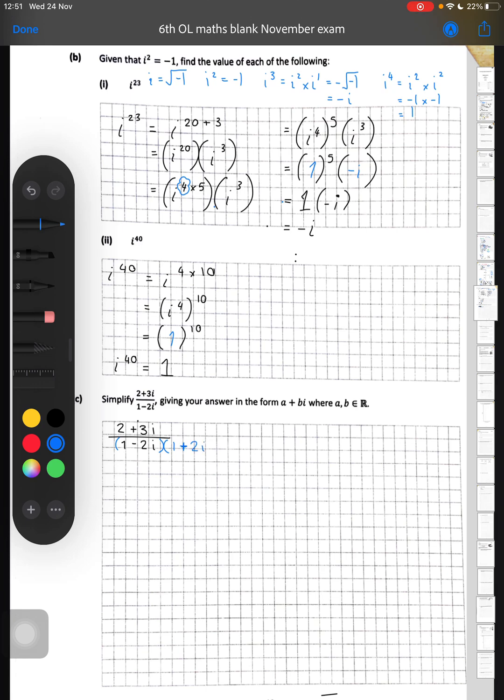So remember, the complex conjugate is when we change the sign of the imaginary part. Now, if I multiply the denominator by that, I need to also multiply the numerator by that. Okay?